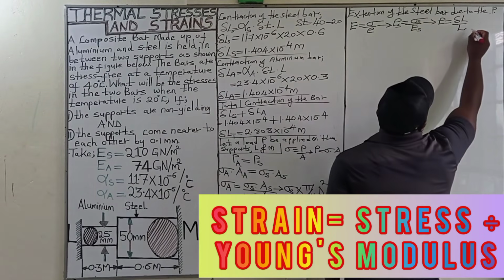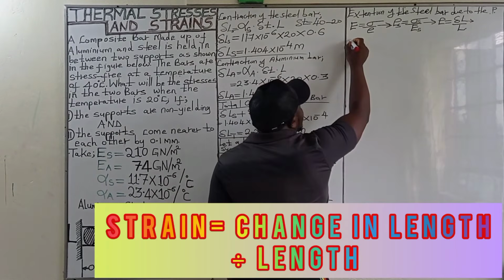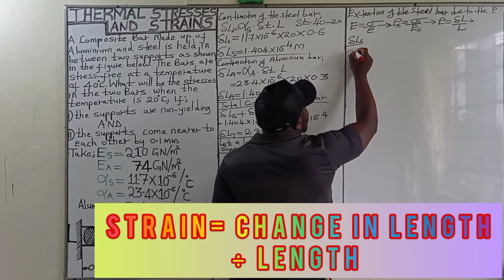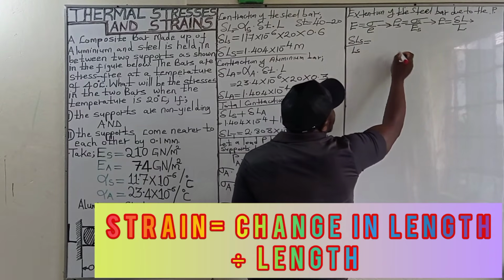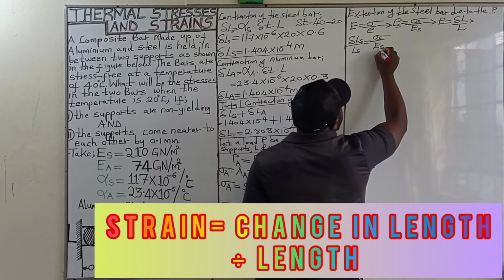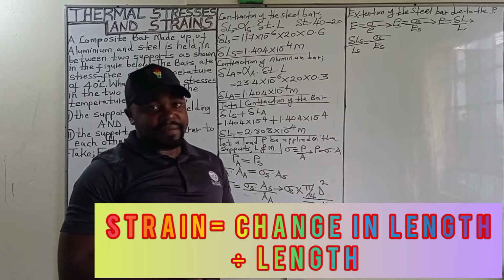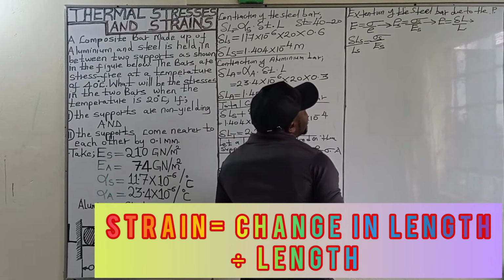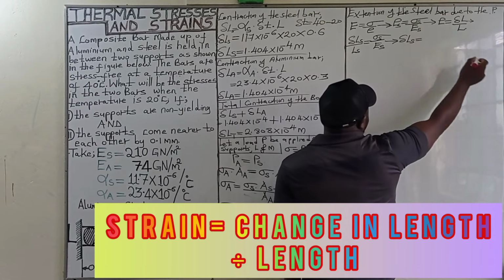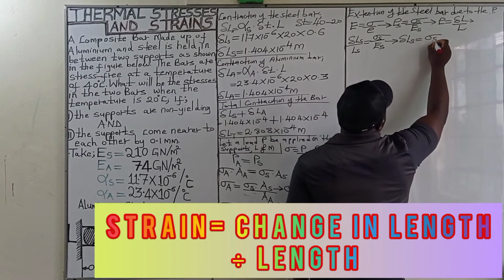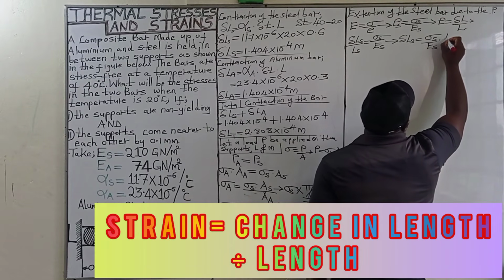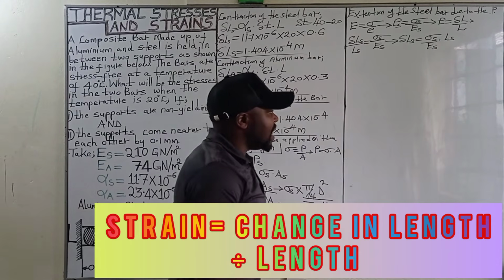Therefore, the strain in steel will be change in length in steel divided by the length of the steel, which will be equal to the stress in steel divided by the Young's modulus of elasticity of steel. When we make extension in steel the subject, we are going to have the extension in steel equal to stress in steel over Young's modulus of elasticity of steel times the length of the steel bar.